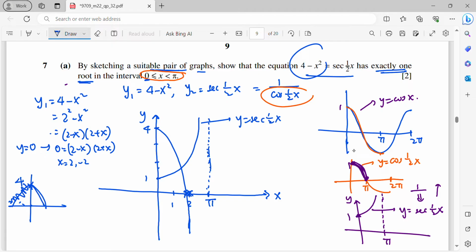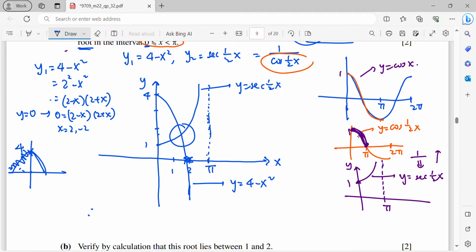Now, obviously, from here we have one intersection point. So this is y equals 4 minus x squared. Now, you just write, there is only one intersection point between two graphs.